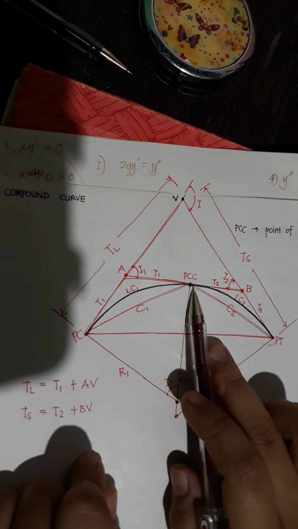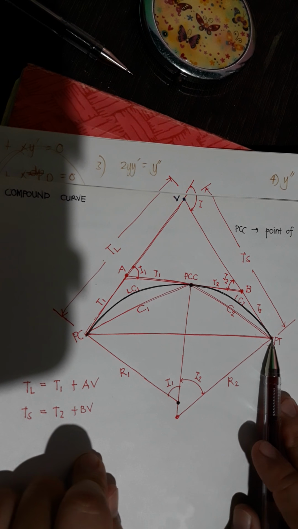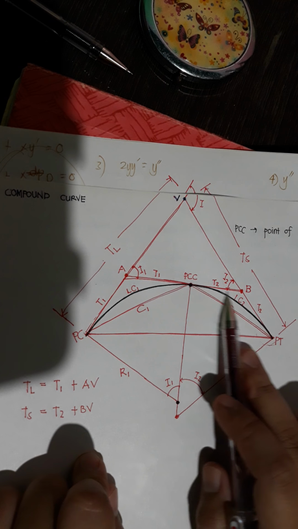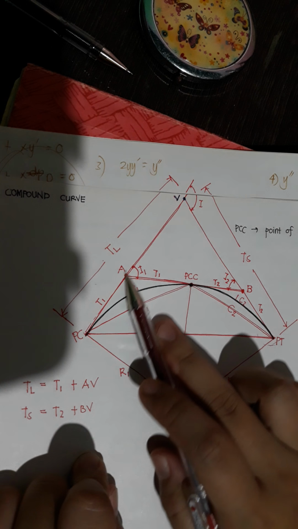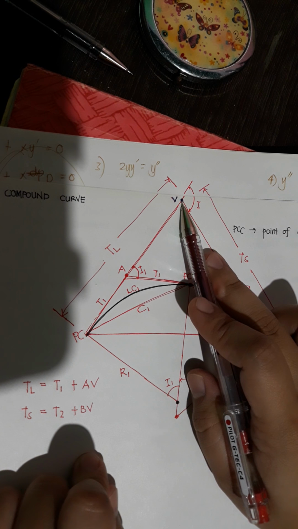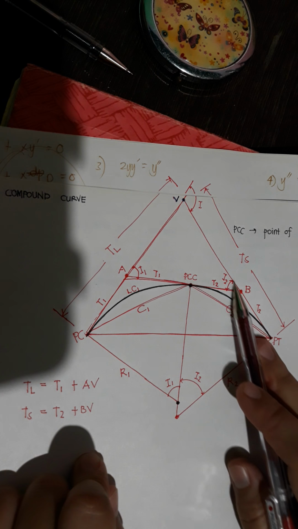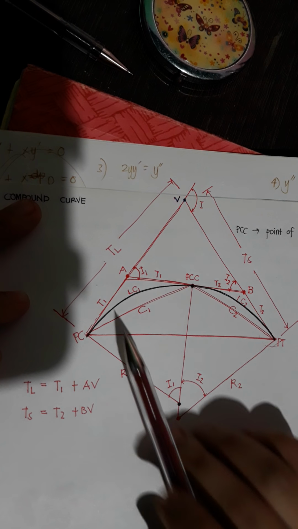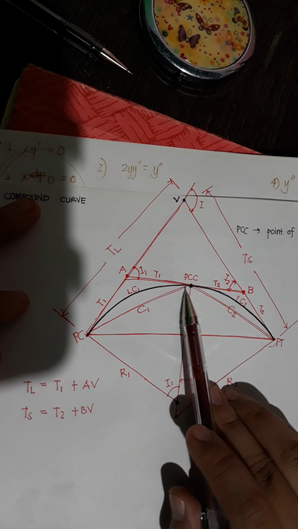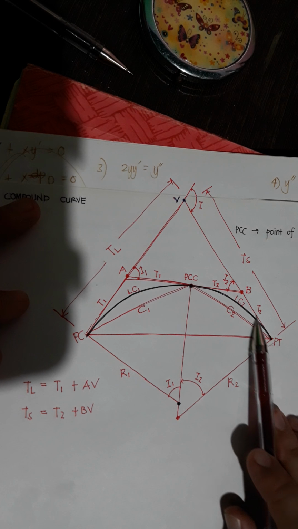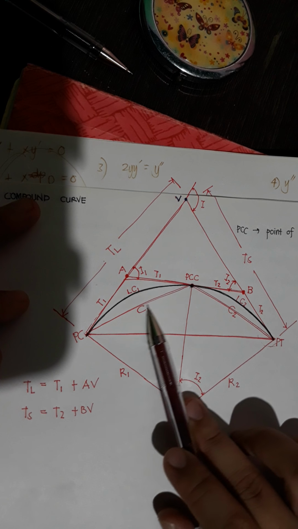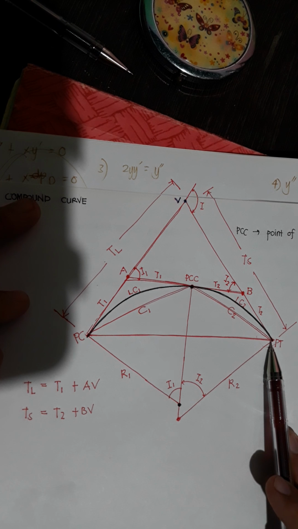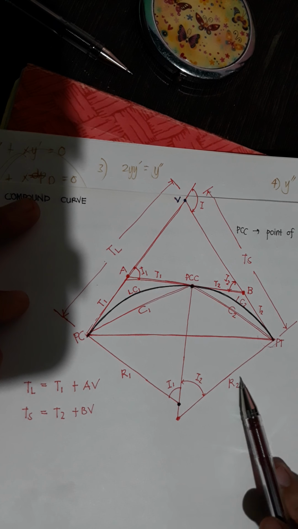You have here PC, the point of compound curve, then you have PT, T1, tangent of the first curve, T2, tangent of the second curve, TL, back tangent of the whole compound curve, and TS, forward tangent of the whole compound curve, LC1, length of the first simple curve, LC2, length of the second simple curve, C1, long chord of the first simple curve, C2, long chord of the second curve, and the radius R2.